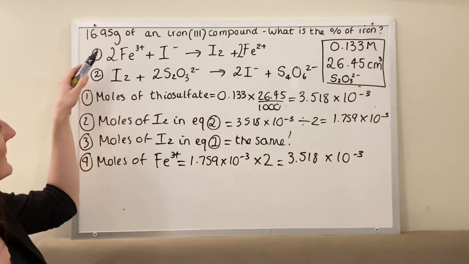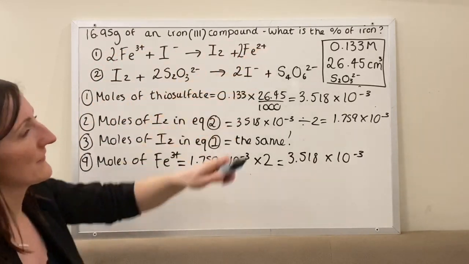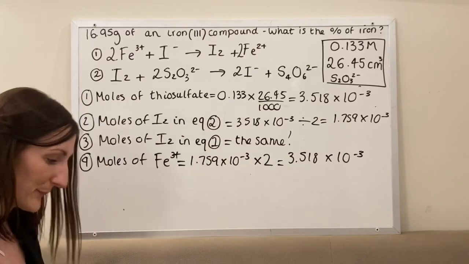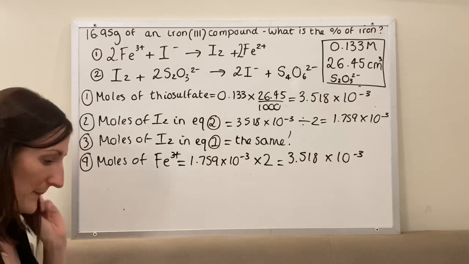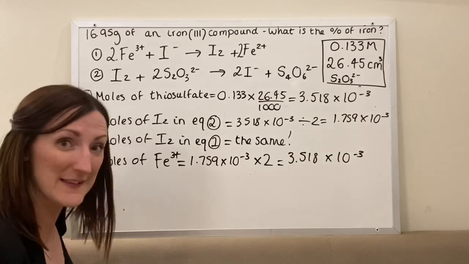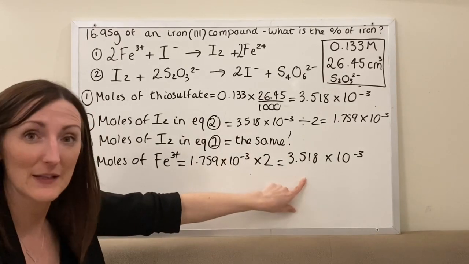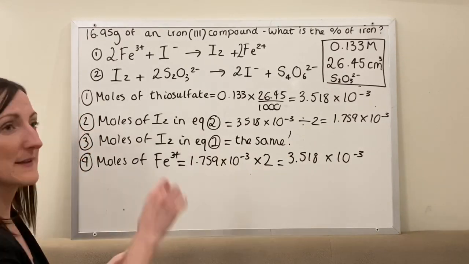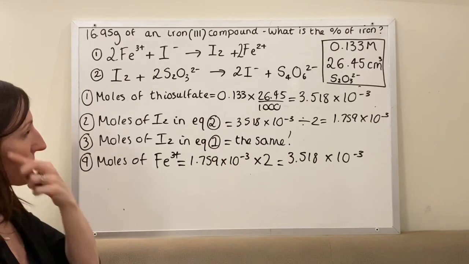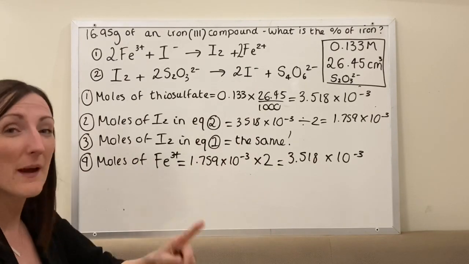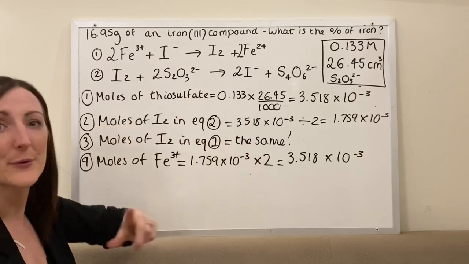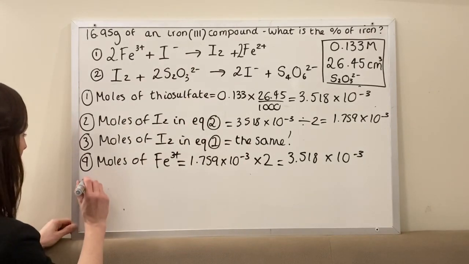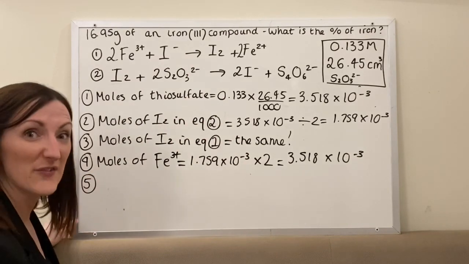The whole point is I'm wanting to work out what the percentage of iron is in my sample. So the next step is to work out the mass from these moles I've just calculated. We need the mass as moles times the Mr. All we need to do is look at the periodic table to find that the Mr of iron is 55.8.